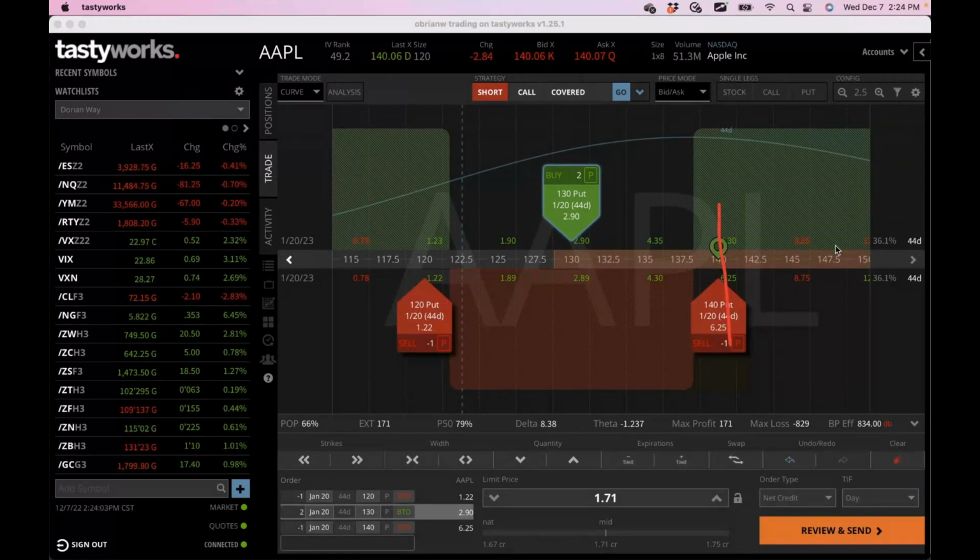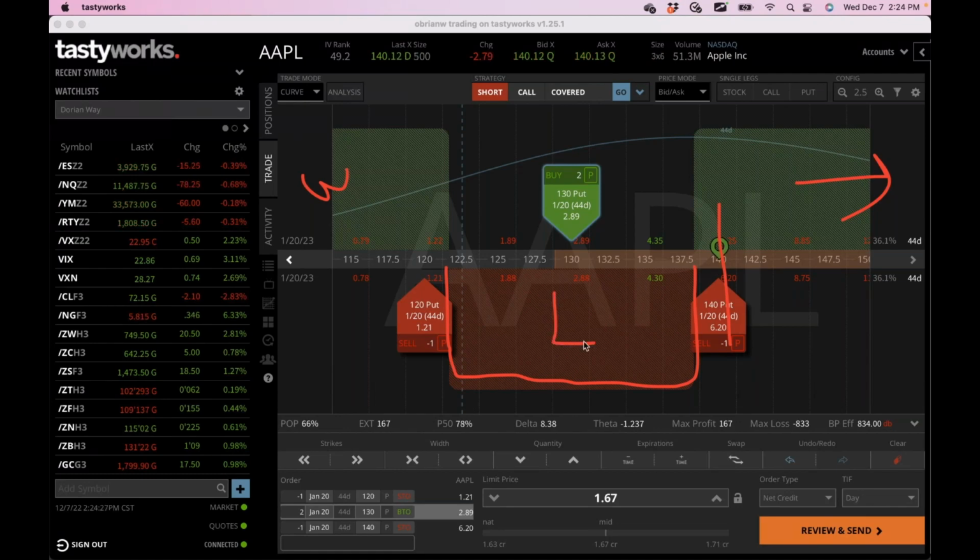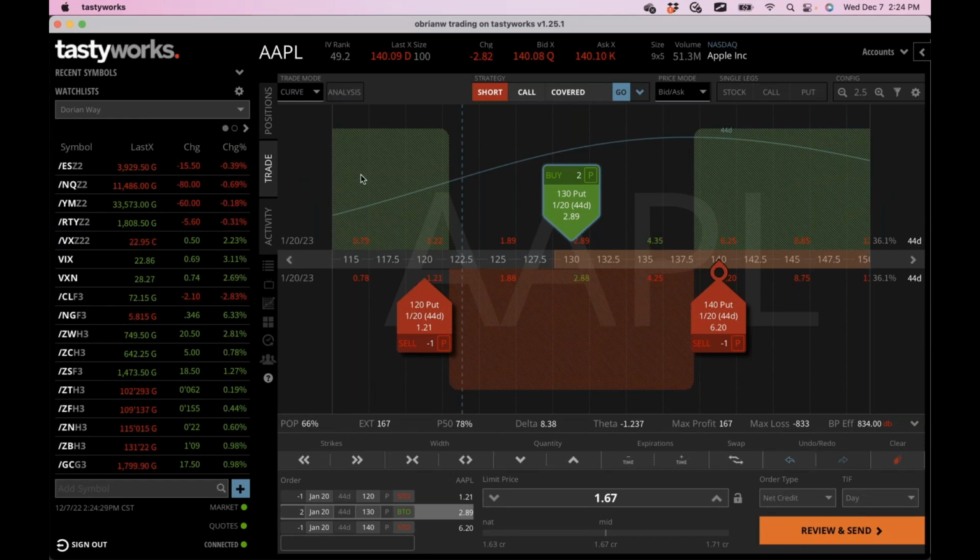If it goes up, you're going to win 100% of the time. It can actually go down quite a bit. If it goes down quite a bit, you can win on this trade. But if it stays within this range here, which you have a 66% chance you're going to win. If it stays in this range, then this is where you lose, right? This is your loss zone. All right, so that is the traditional butterfly.